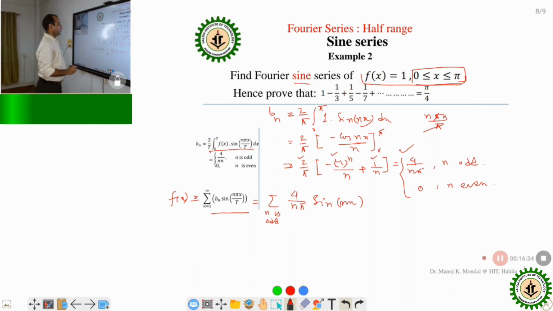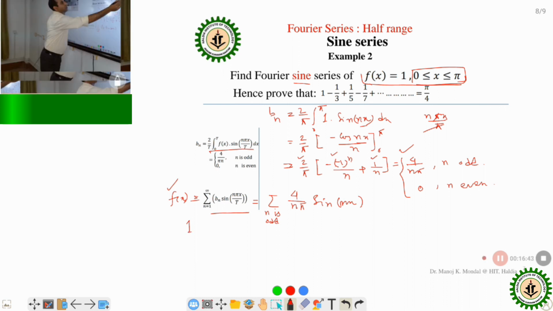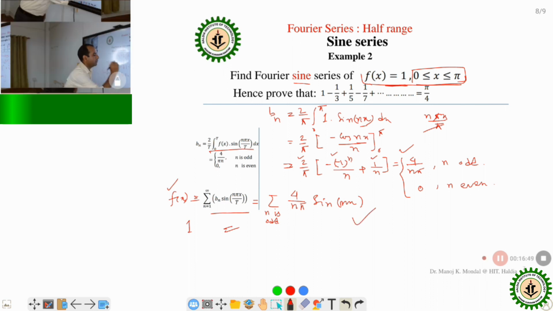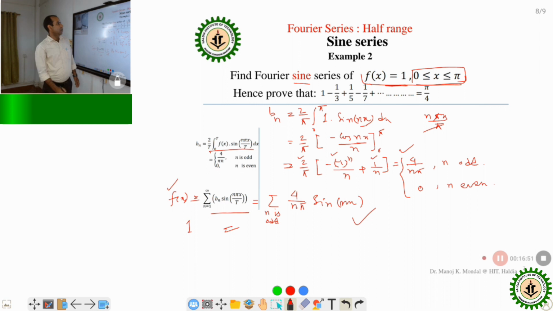This is the Fourier half range sine series of the function, and f(x) equal to 1 on the left hand side, so 1 equals this series. So this is the required half range sine series of the given function f(x) equal to 1.